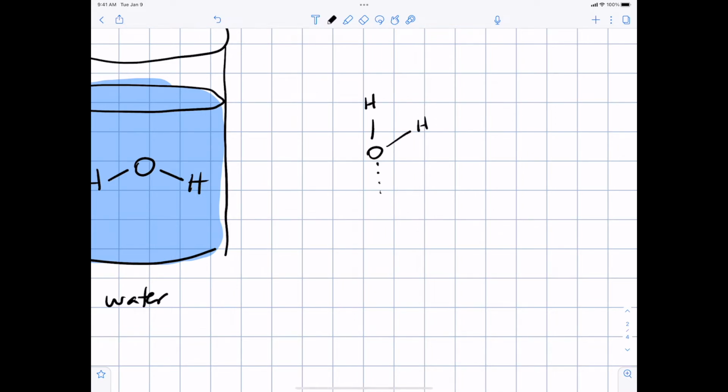That means each lone pair on the oxygen is hydrogen bonding with another hydrogen from another water molecule. And I'm only showing you a static picture of this, and it's difficult to do because, of course, when do you stop drawing additional water molecules? And of course, each of these, and so on.